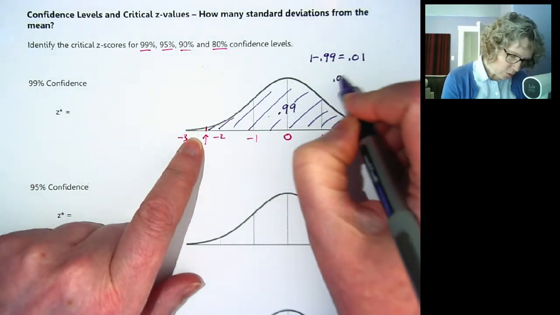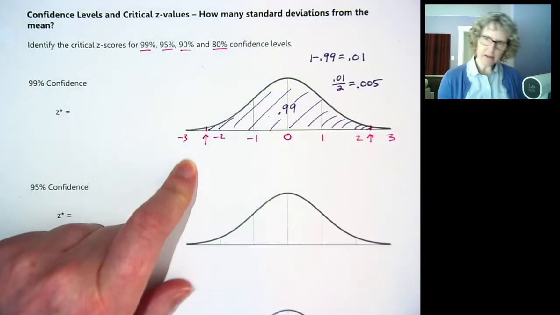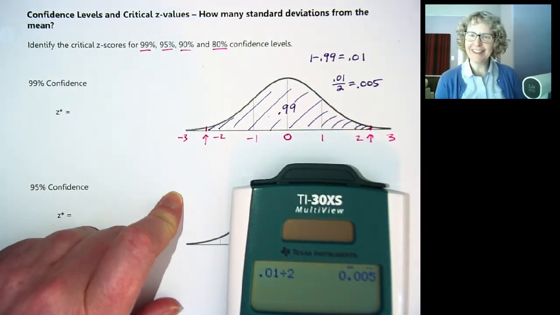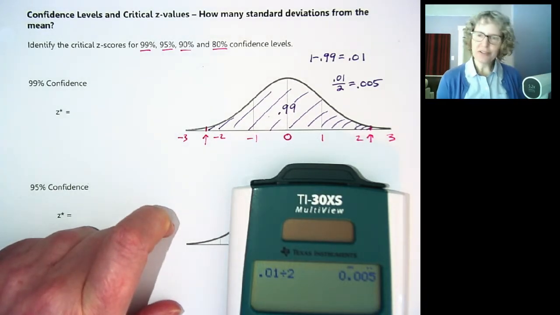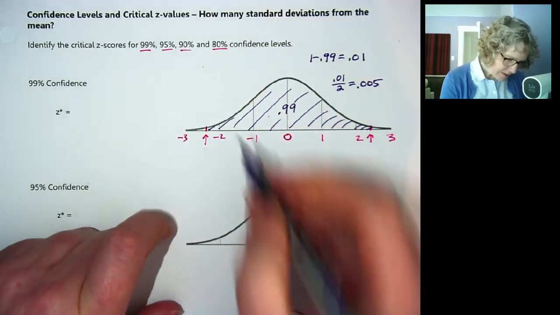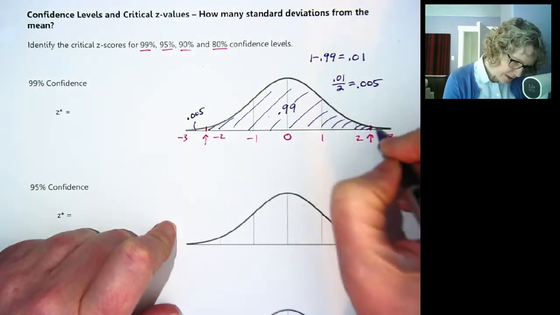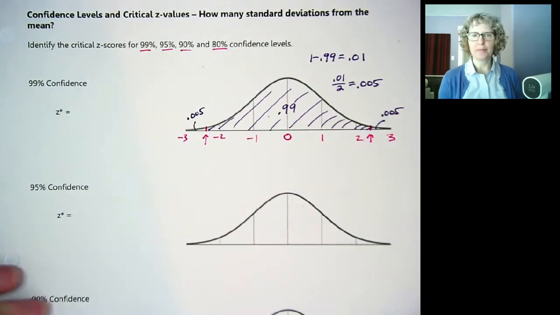So 0.01 divided by 2 is 0.005. That means this area over here is 0.005, and this area over here is 0.005.